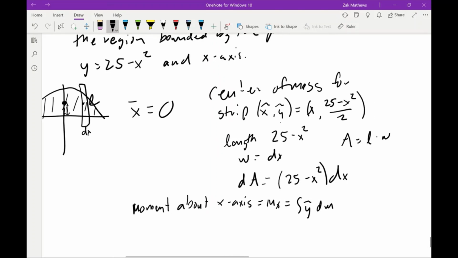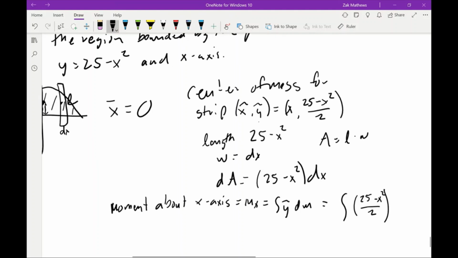And if we think about the y squiggle, we know what that is. That is 25 minus x squared over 2. dm must be equal to 25 minus x squared dx times the density.